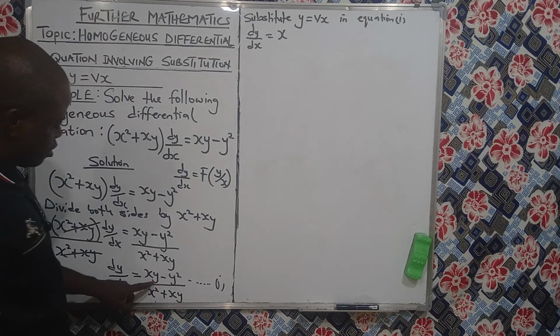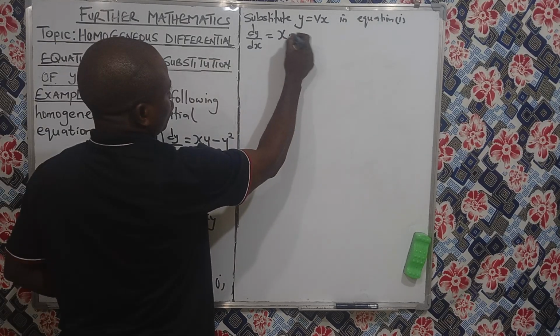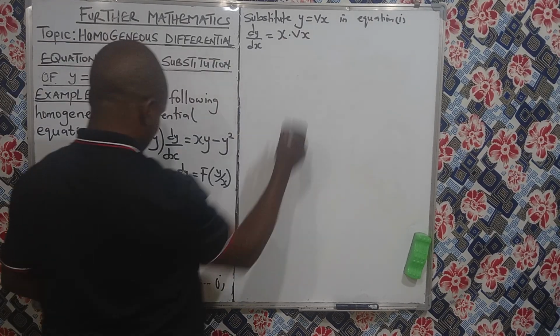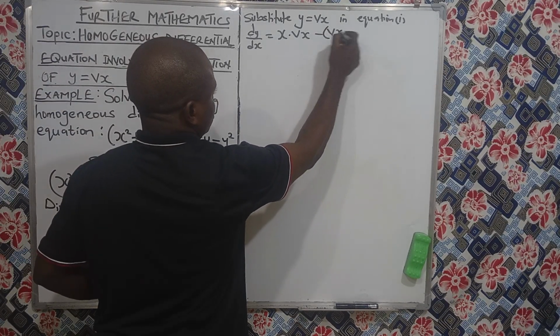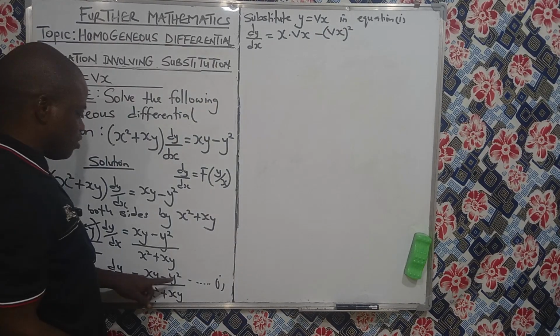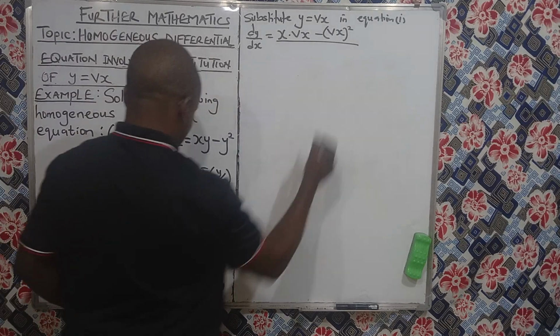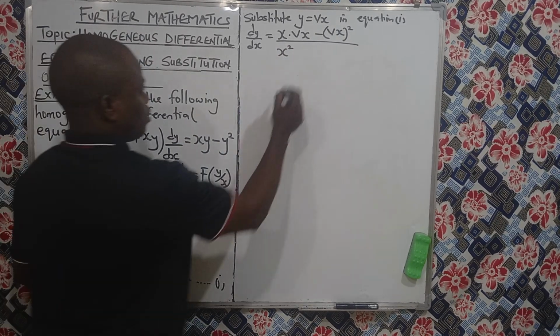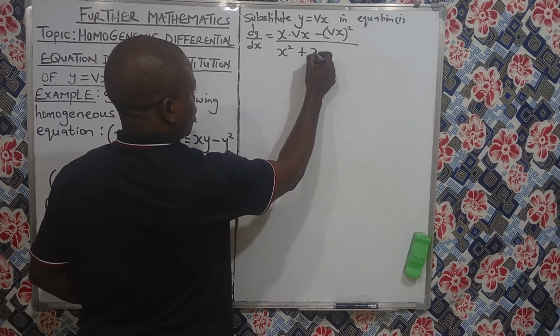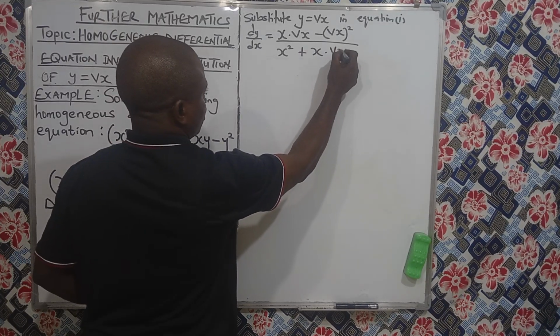You have y here. Let's substitute. Multiply by vx minus vx squared, because your y is being squared, over x squared plus x multiplied by vx.